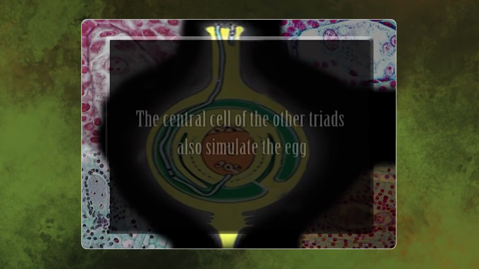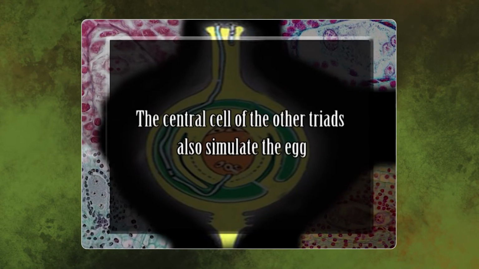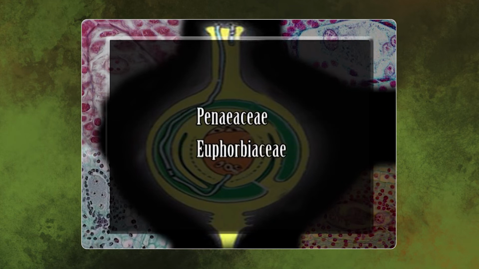The 16 nuclei are arranged crosswise, 3 nuclei of each quarter later cut off as cells, while the fourth remains free and moves to the center. There are thus 4 triads and 4 polar nuclei. Generally, the central cell of the micropylar triad alone functions as the egg. The central cells of the other triads also simulate the egg.